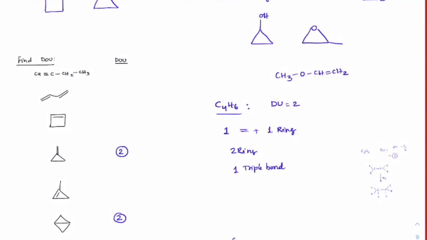These are all the possible ways. Can't we have two double bonds? Yeah, two double bonds also.